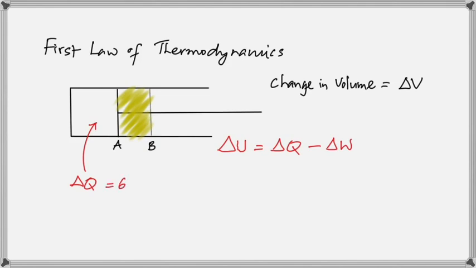According to the first law of thermodynamics, the change in internal energy is the difference between the heat entering the system and the work done by the system. You got to be careful here because I said heat entering the system. Now, heat entering the system is taken as positive, while heat leaving the system is taken as negative, naturally.